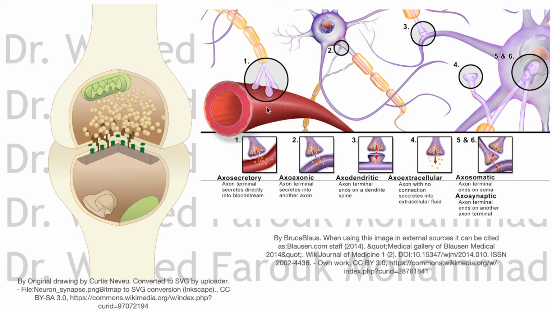So these are different types of chemical synapses present in the nervous system.